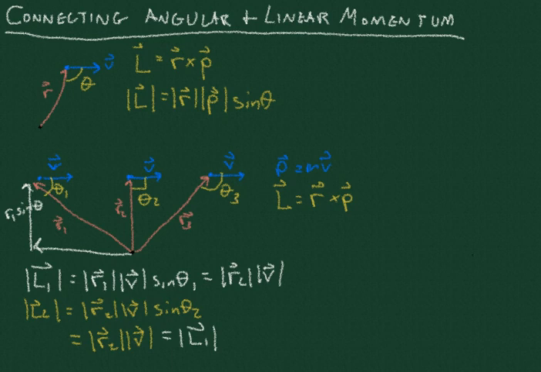Sorry, these should have all had a factor of m in them. So angular momentum just has units of a momentum times a distance. So anytime momentum is constant, it also tells us that angular momentum is constant.